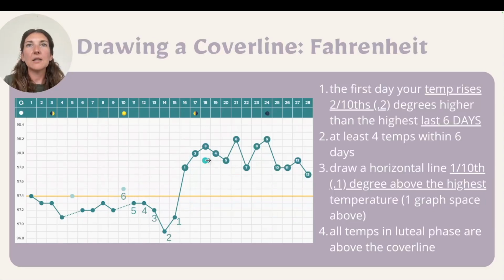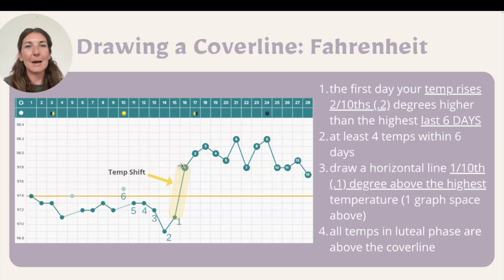So you're likely not going to have all of these temperatures to refer back to unless you have already finished a full chart and you are just going back to interpret your chart. So likely you'll just have maybe this one temperature and you'll notice, oh, hey, I can see that this one temperature is higher than the last 6 days. I wonder if that is my temperature shift.